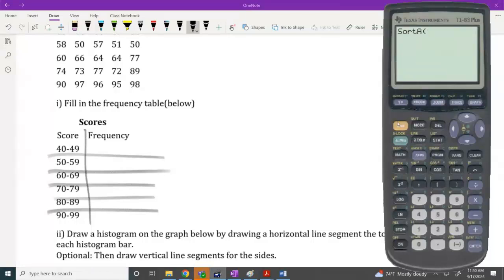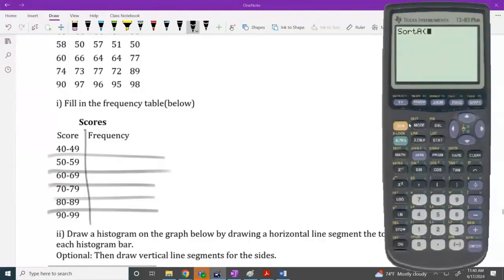It didn't go back? Okay. We got to hit second. Then go back in the stat. Sort A. And then you have to tell it which list you want to sort.